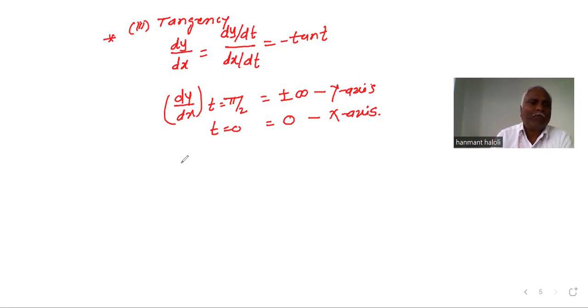Now, after the tangent, we will go for the eccentric curves. How to find out whether the curve is present or eccentric? Now, prepare a table, which helps us to get this. Take t, x and y. t is 0, pi by 2, pi, 3 pi by 2, 2 pi.